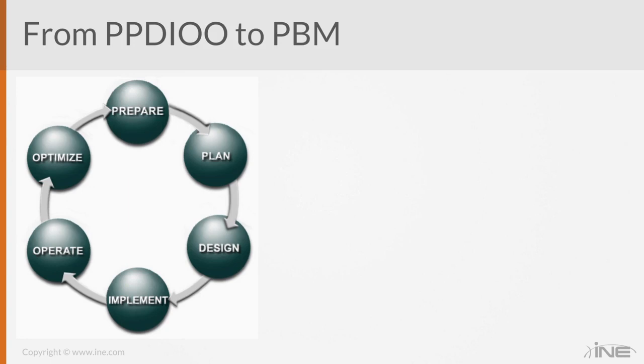Now the good thing is, Cisco, as you can see, went from 6 letters to 3 letters. So it might seem easy. And for those veterans that did version 1 and 2, and for those people still using the PPDIOO framework, you know, it is pretty important to Cisco.